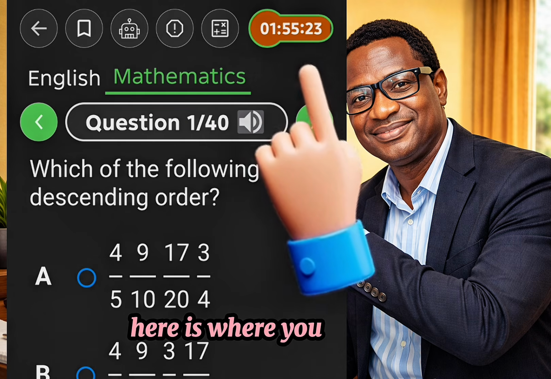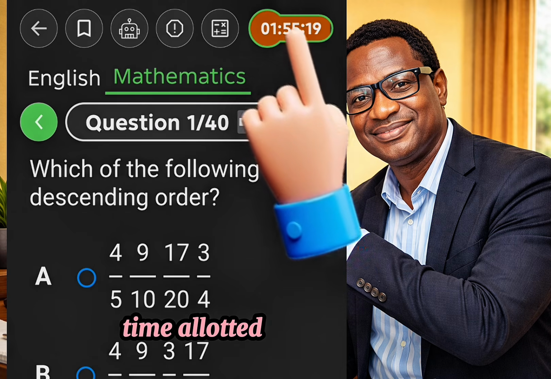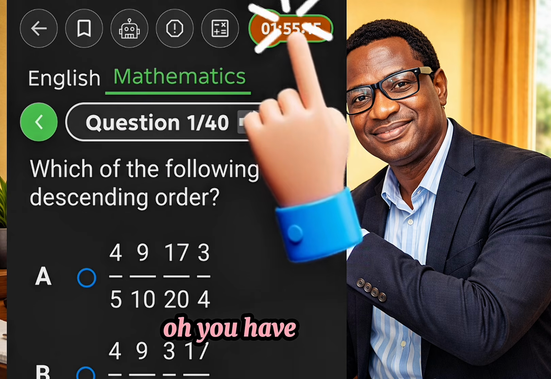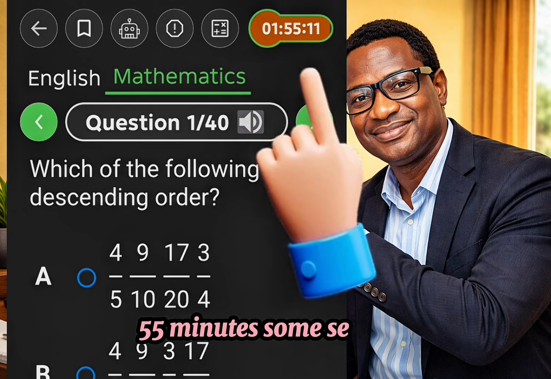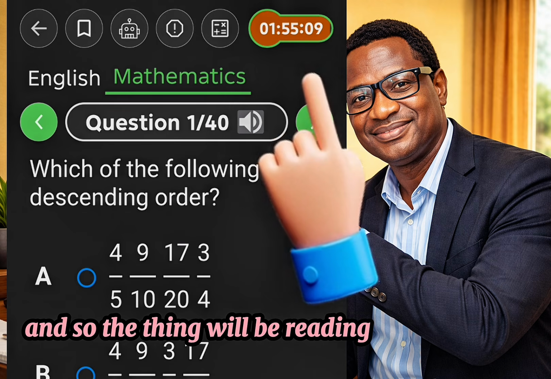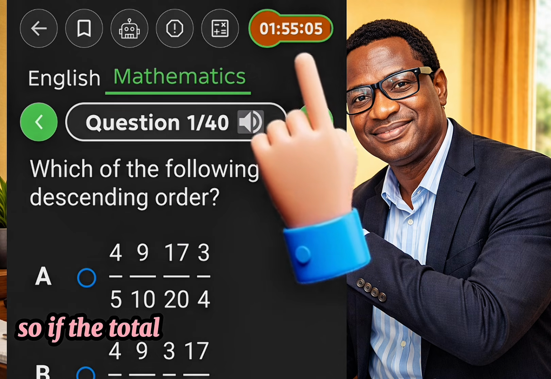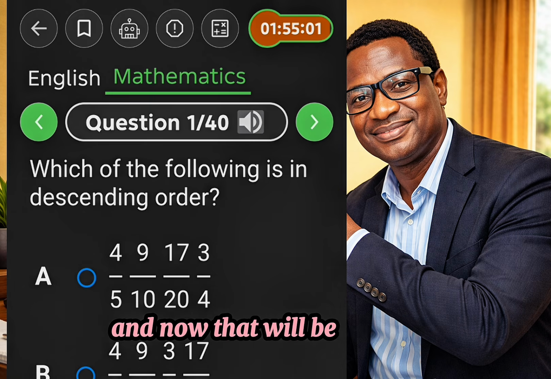Here is where you have the time allotted to each subject, showing that you have an hour 55 minutes some seconds, and so the thing will be counting down the line. So if the total time for the first subject is 2 hours, that will be counting.